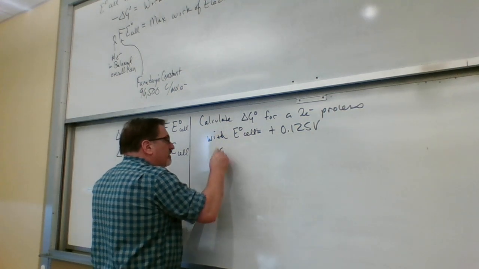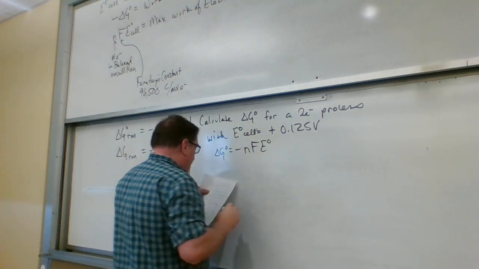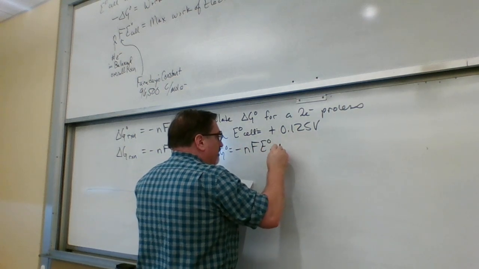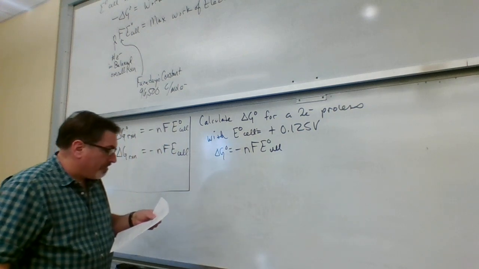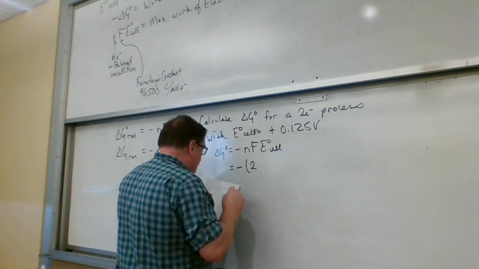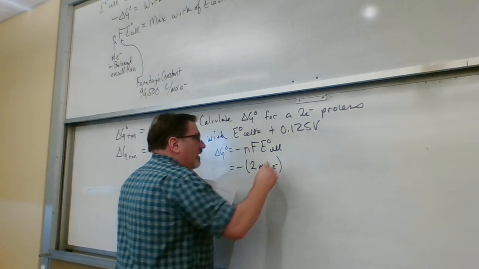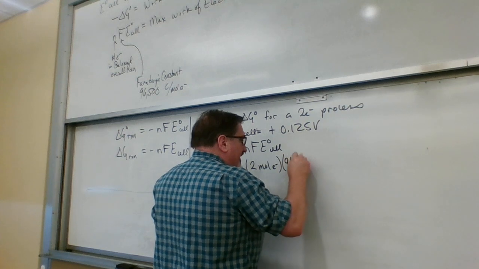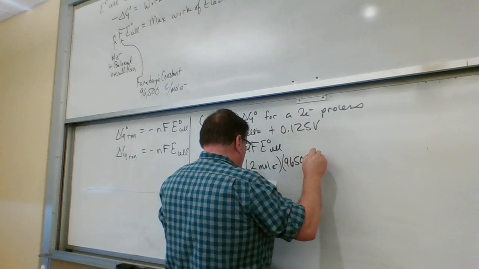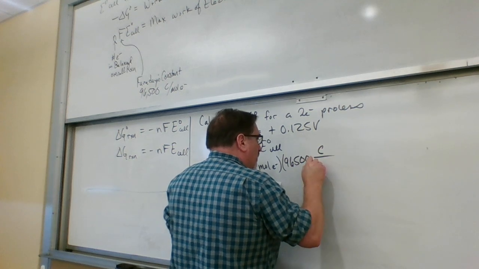Delta G0 is minus nF E0 for our cell. So we plug in our numbers. Minus 2 moles of electrons. F is 96,500 coulombs per 1 mole.